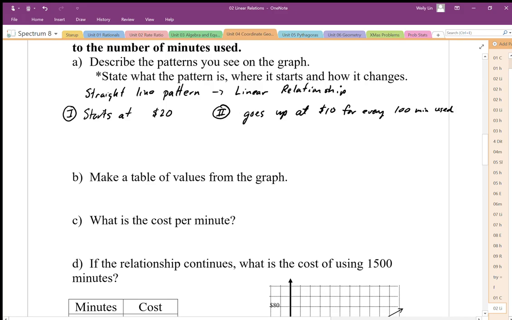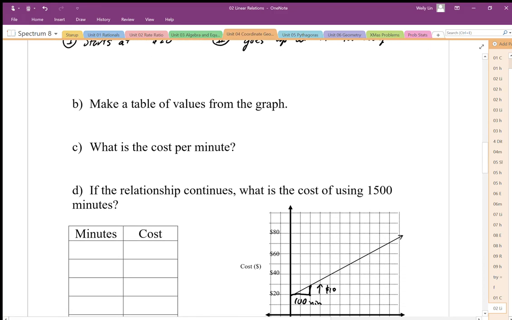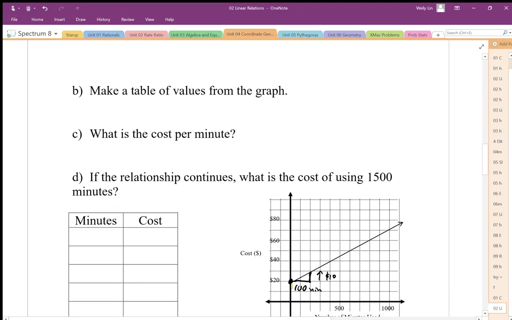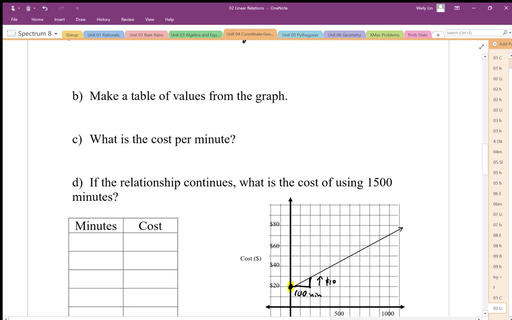So these are two things that we want to connect to this straight line pattern: some fixed point. Now we can use any point, but that y-intercept or starting point is a very useful point to start at. So I'm just going to highlight that. That's our starting point, that point right there.